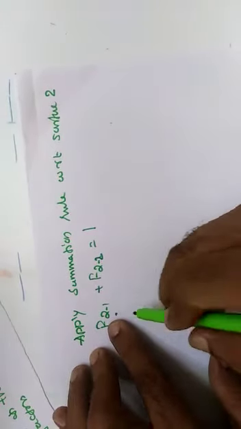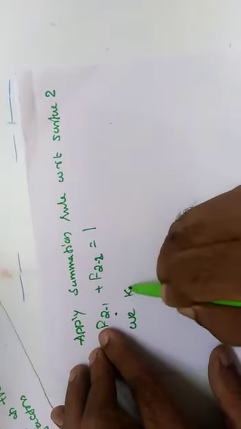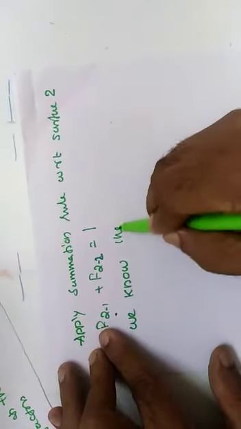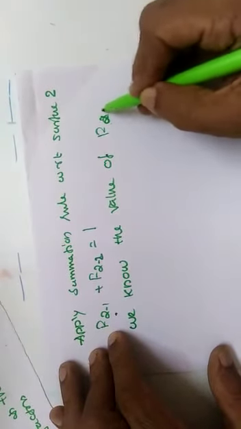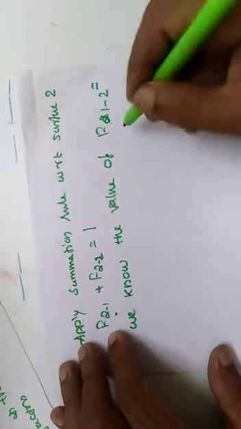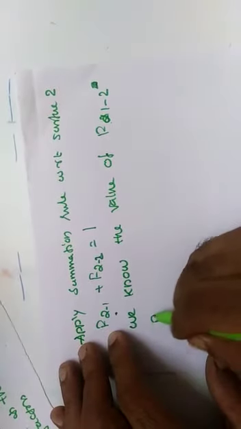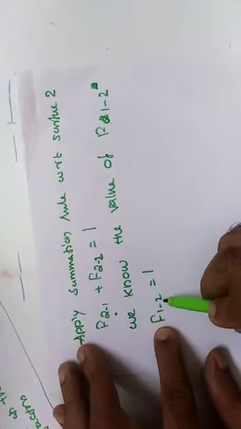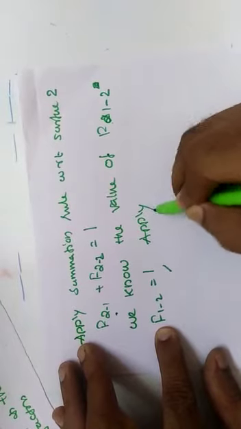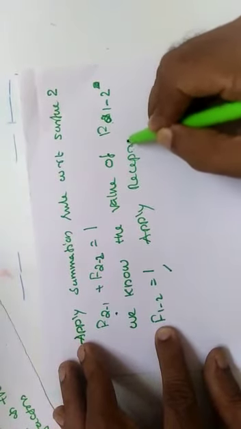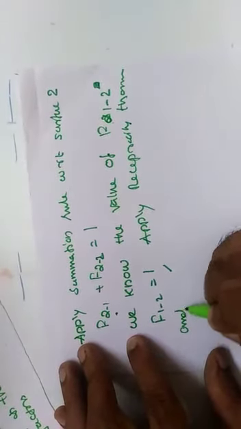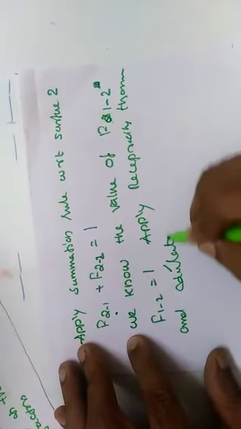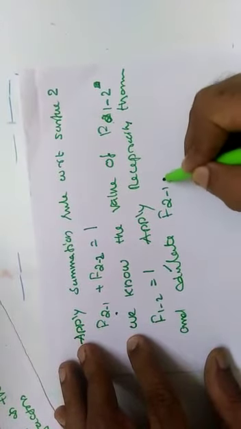But we know the value of F12. F12 equals 1. If you know the value of F12, apply the reciprocity theorem and calculate F21.